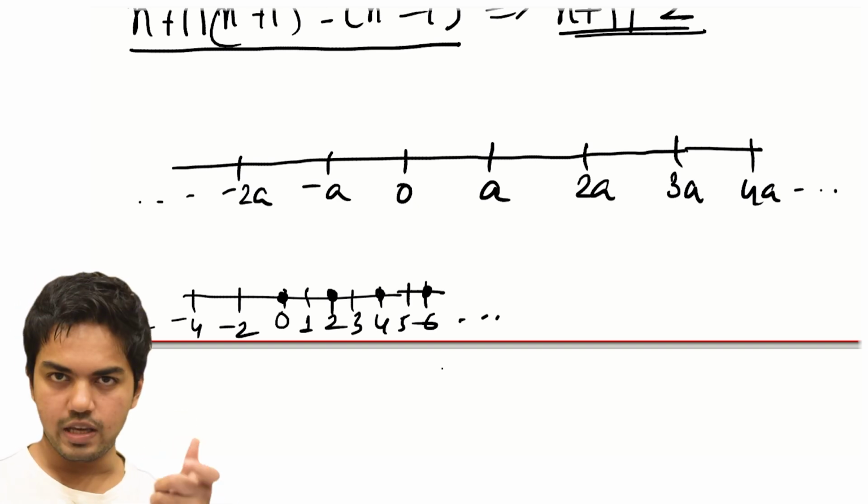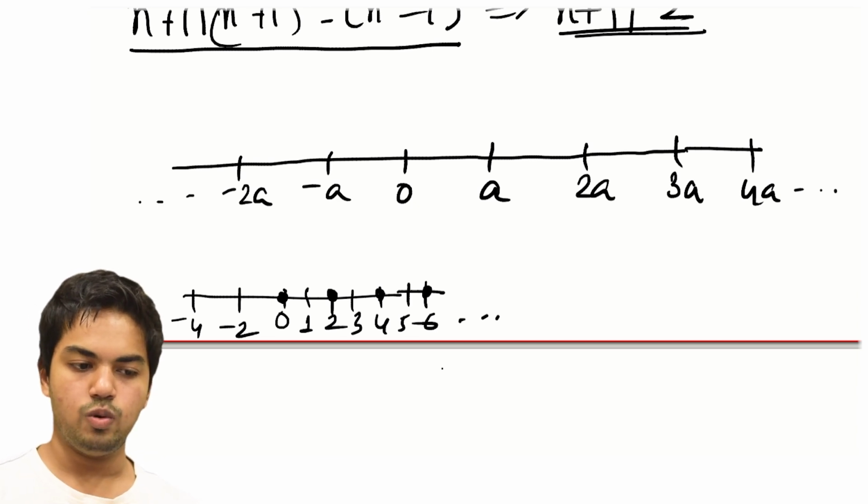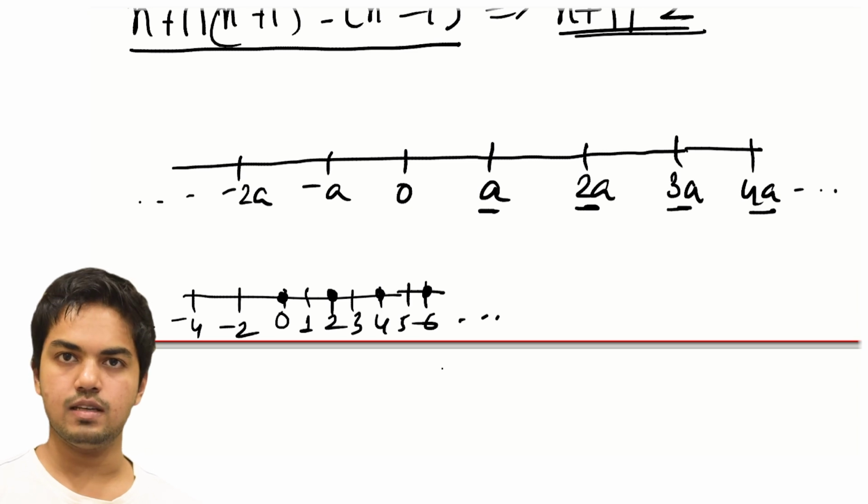If I want to locate another natural number B with these multiples of A as landmarks, I could do that. That is the point.